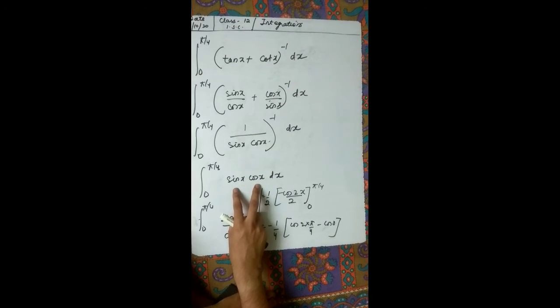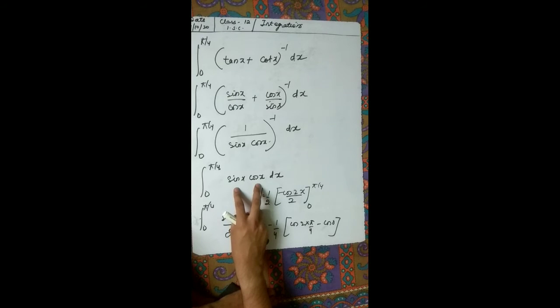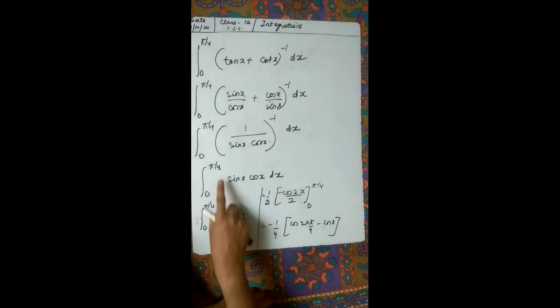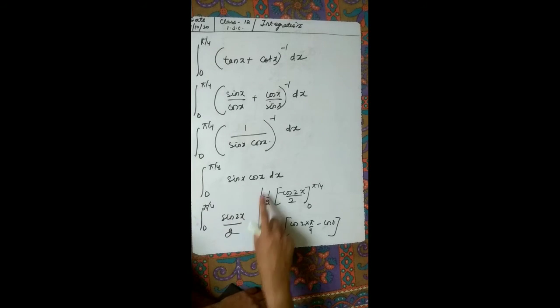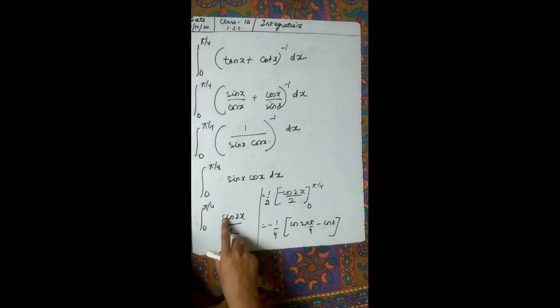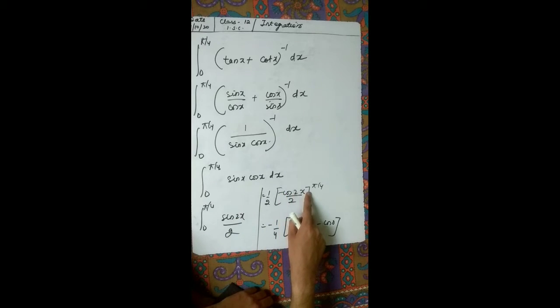To make this sin 2x, we need to multiply by 2, and in the denominator multiplying by 2 also. So 2 sin x cos x upon 2, so I have directly written sin 2x upon 2. Take this 2 out, so 1 upon 2. What will be the integration of sin 2x? Minus cos 2x upon 2, limit 0 to pi by 4.